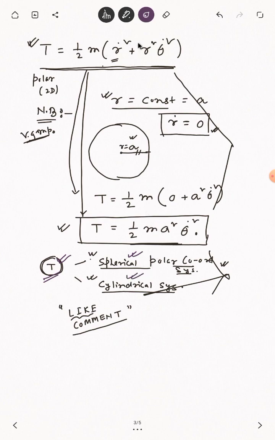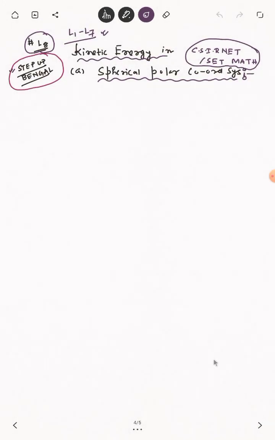In the 2D polar coordinate system, we have already seen how kinetic energy is expressed in terms of r dot and r square theta dot square. Let us write this expression again: kinetic energy equals half into m into r dot square plus r square theta dot square.